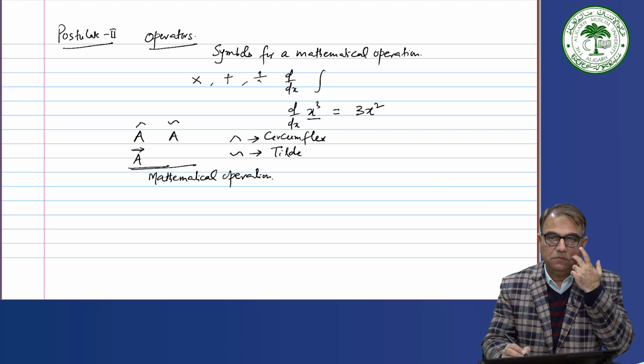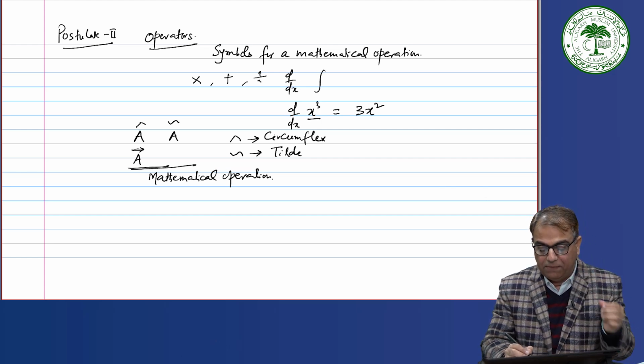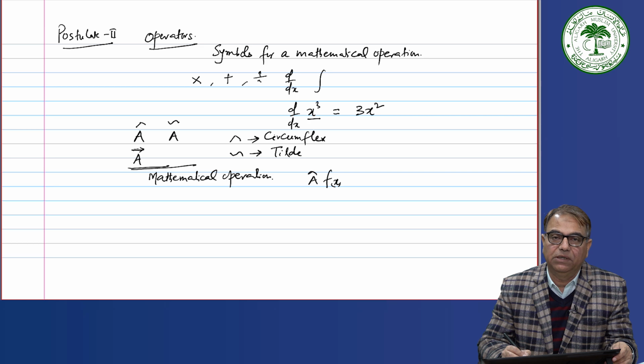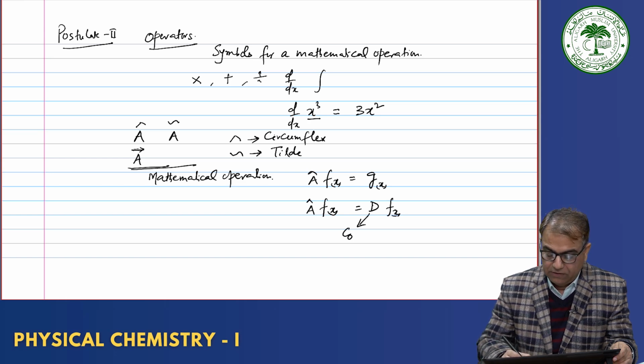When you operate with an operator on a function in quantum mechanics, there are two possibilities. One is that the function itself changes to a new function, or another is that you get the same function back multiplied by a constant, say d, where d is a constant.